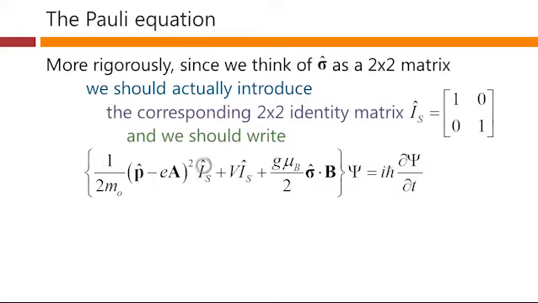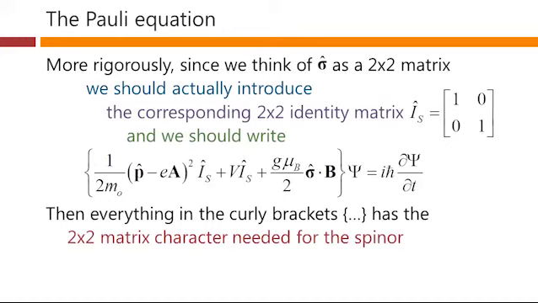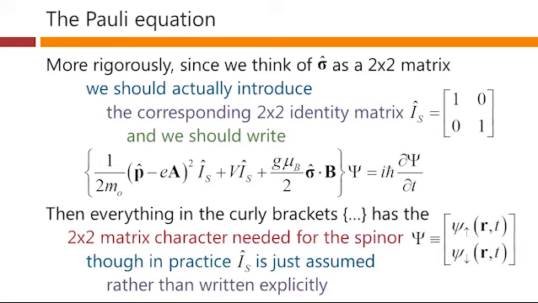So we should have an I_s in here to make this term into a 2 by 2 matrix. We should have an I_s in here to make this term into a 2 by 2 matrix. This one already is a 2 by 2 matrix. Then we would properly be adding up 2 by 2 matrices to get something in here that was a 2 by 2 matrix. So then, everything in the curly brackets has the 2 by 2 matrix character needed for the spinor. Though in practice, this identity matrix is just assumed. We usually do not write that one explicitly.